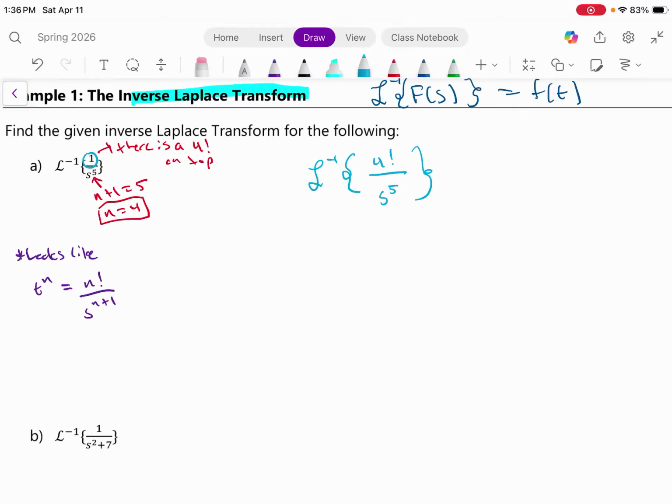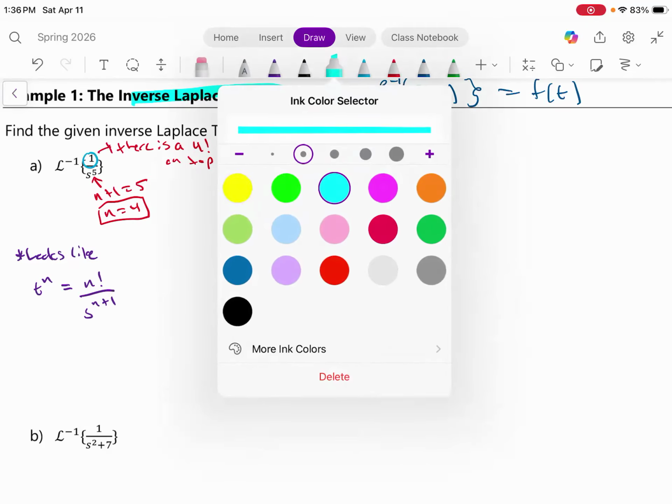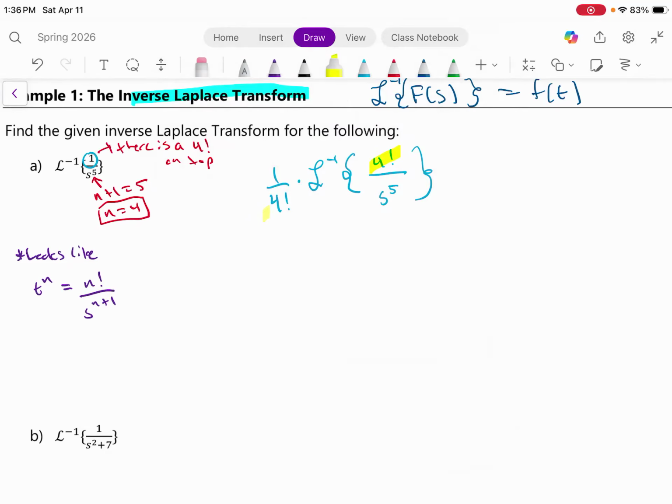So to account for there just being a 1 there, what I need to do is multiply this by 1 over 4 factorial, because ideally, that would account for there just being a 1 there.